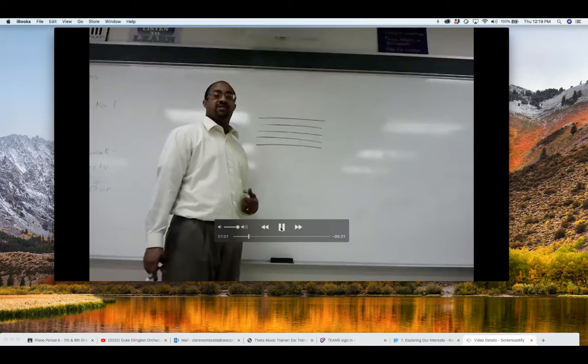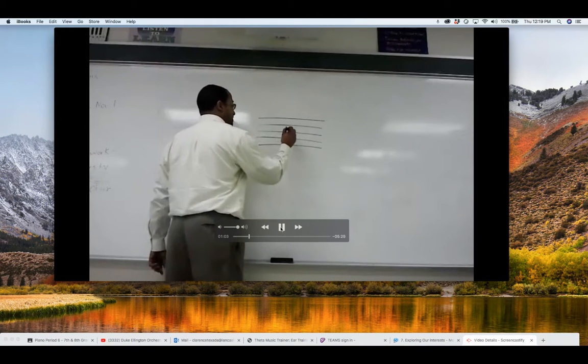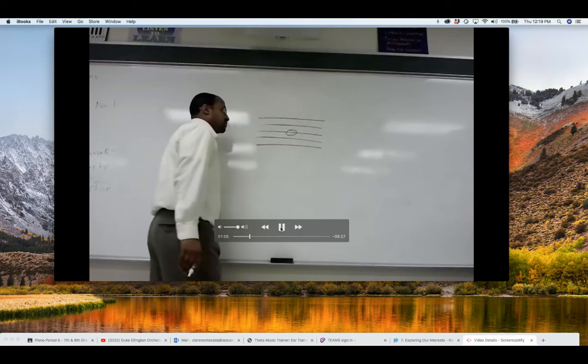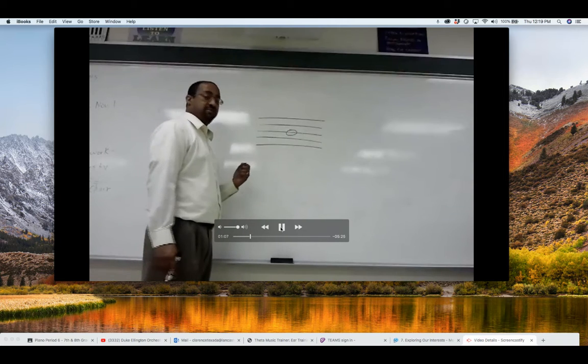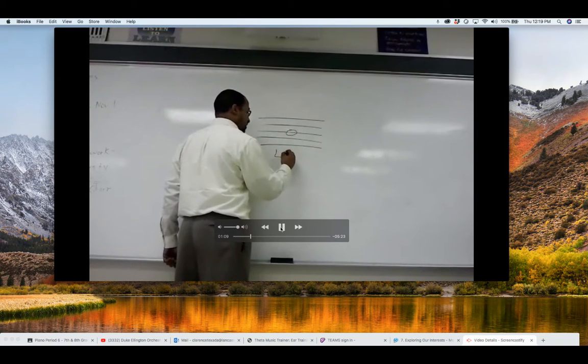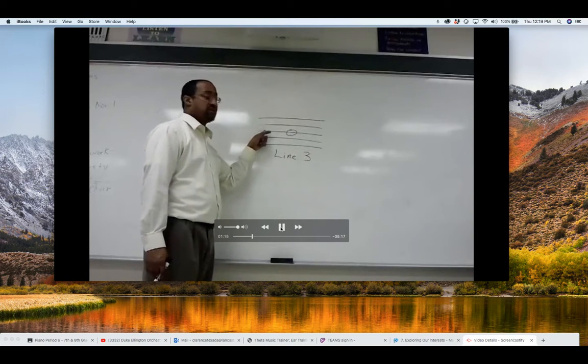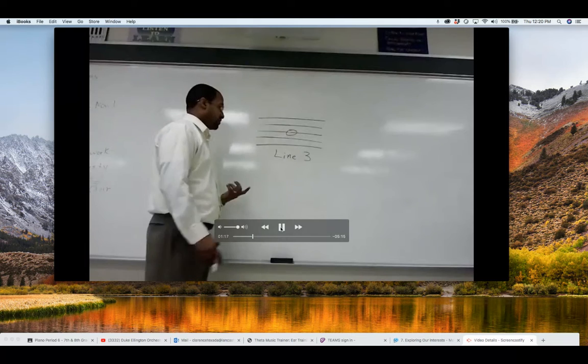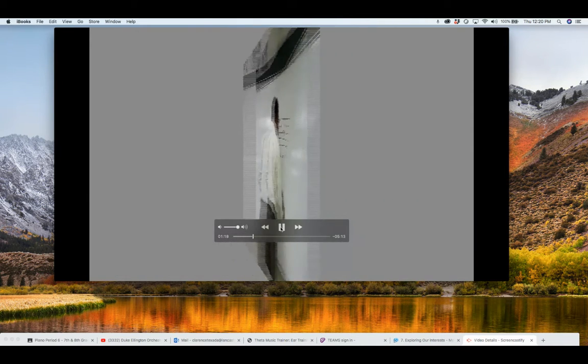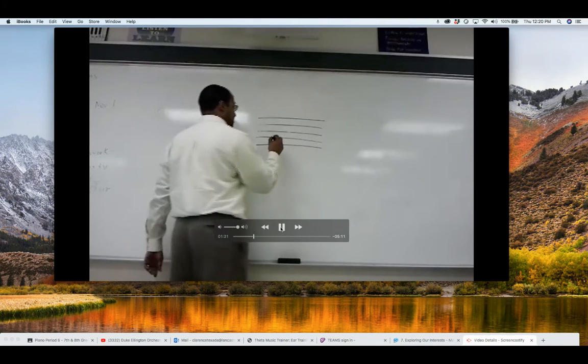But if I decided to do this, the answer would be line 3. The reason, because there's a line going through the note. Very easy. Let's try some more.